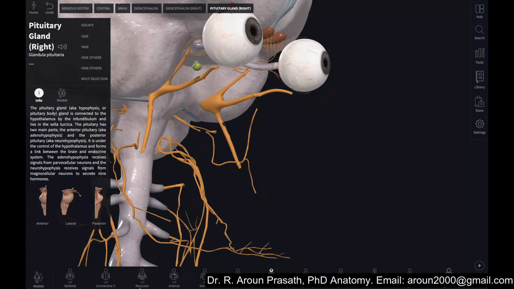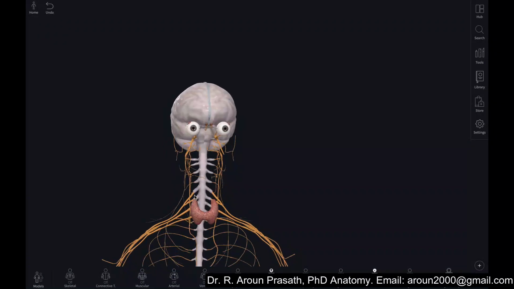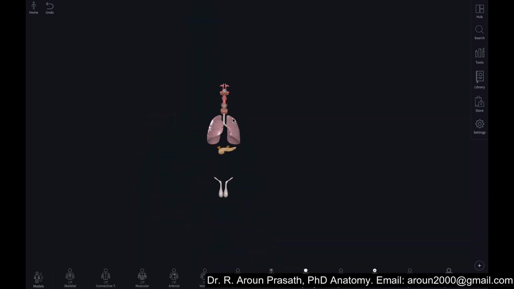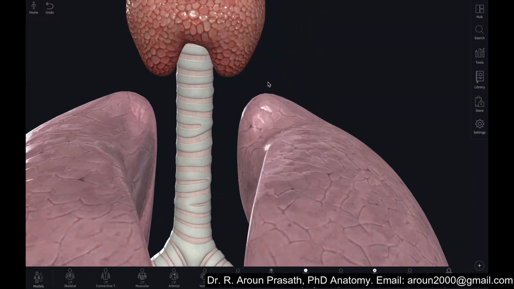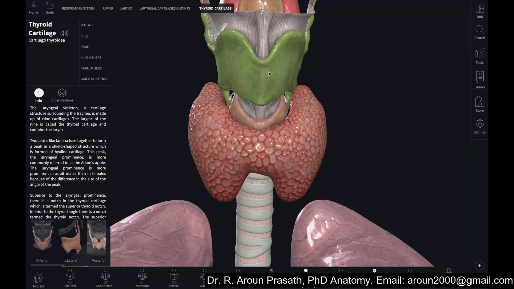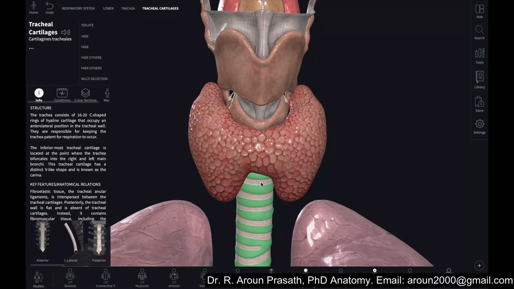If you see here, the thyroid gland is present in the neck region. If you look at the respiratory cartilages, this is the thyroid cartilage, and here you have the cricoid cartilage, and these are the C-shaped cartilaginous rings.